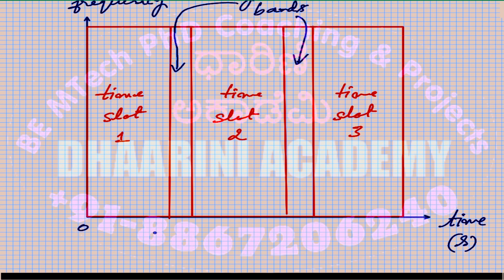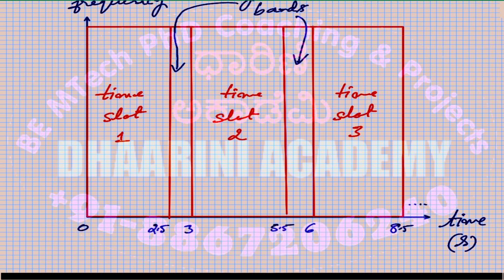Every user gets 2.5 seconds of time, and there is a 0.5 second guard band. So this is 3, then plus 2.5 is 5.5 seconds for user 2 in time slot 2. Again there is a buffer of 0.5 to make it 6, then 2.5, that is 8.5, and so on. This actually continues.